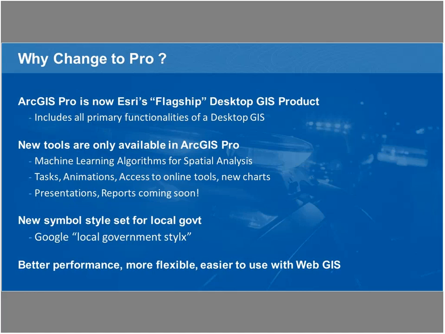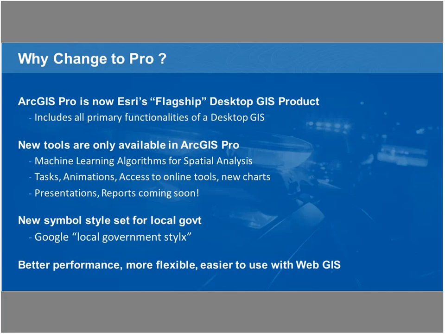So why change to Pro? As I mentioned earlier, it's now our flagship desktop GIS product. It includes all the primary functionalities of a desktop GIS, and our focus for all future development at Esri for the desktop will be on Pro. So there are new tools that are only going to be available in Pro, like the one you're going to see today.